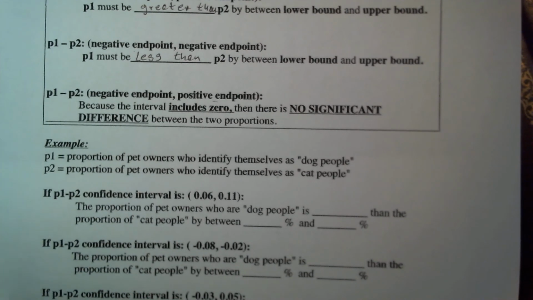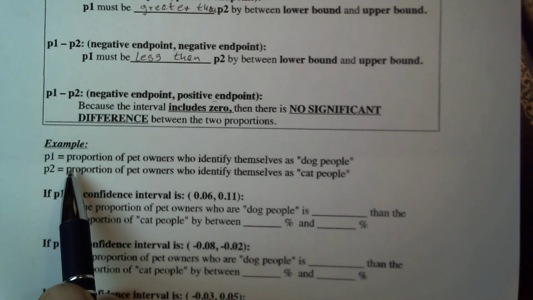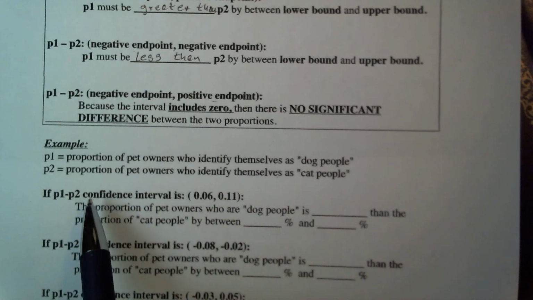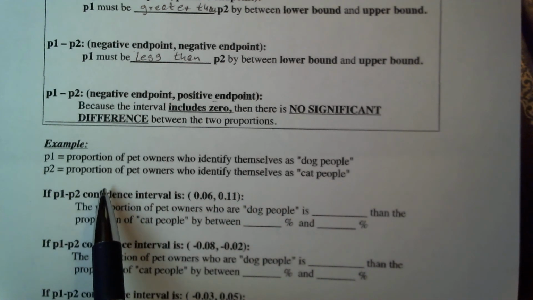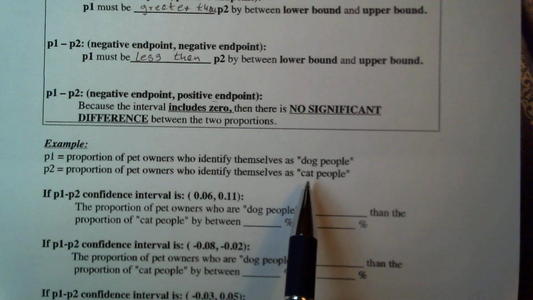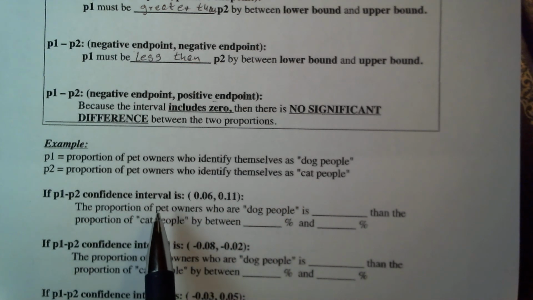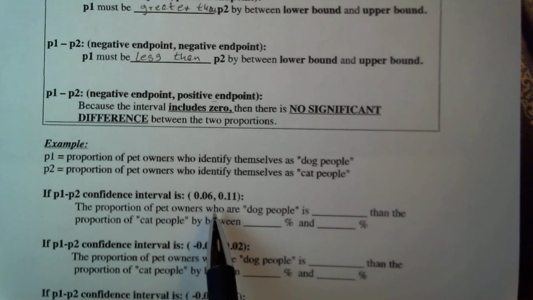So let's look at an example which is more intuitive. Let's say p1 is the proportion of pet owners who identify themselves as dog people, and p2 is the proportion of pet owners who identify themselves as cat people. And let's say the p1 minus p2 confidence interval is 0.06 to 0.11.